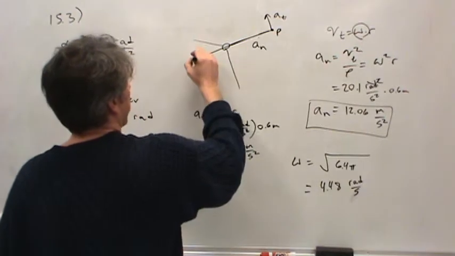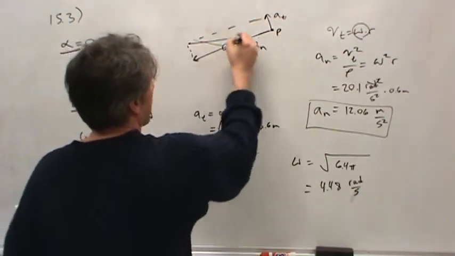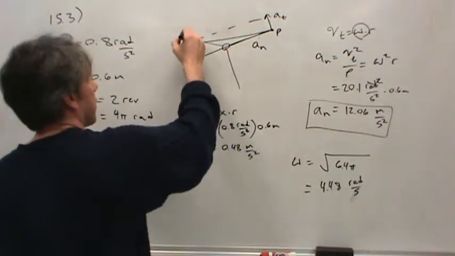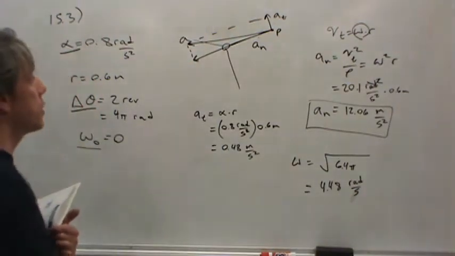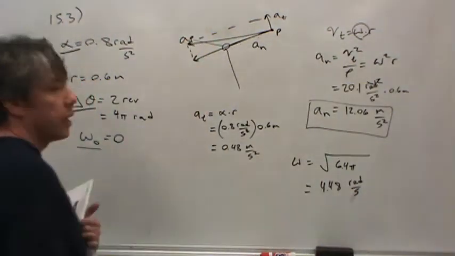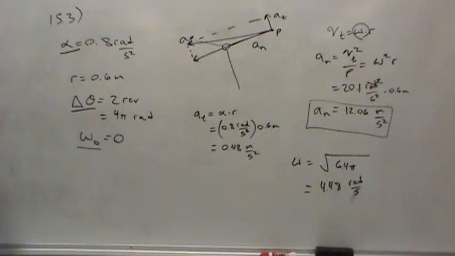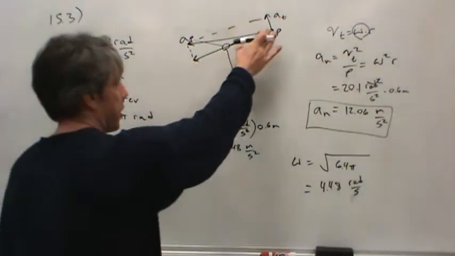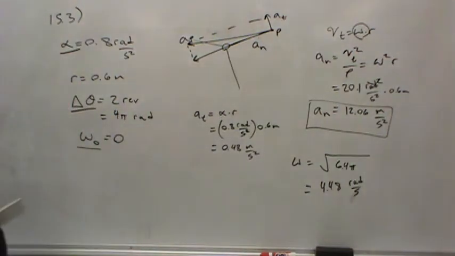The total acceleration would be the vector sum of these two. So here's the total acceleration of point P. It has a tangential and a normal component. If I had space, I'd shrink them both down so they weren't going over center, but I was trying to emphasize the relative size of those two.